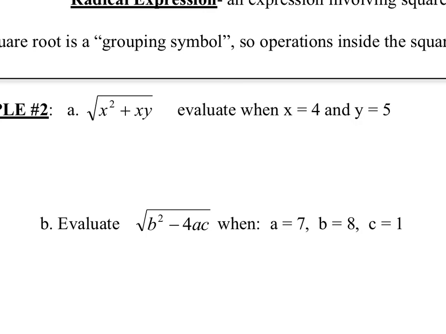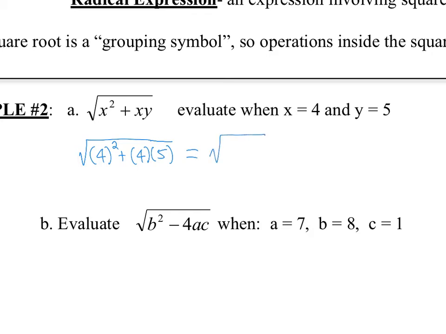All right, so we have the square root of x squared plus xy. Well, x equals 4, so wherever I see an x, I'm going to replace it with a 4. So we have plus, and then x is 4 still, and then y was 5. Now we got to simplify under the radical. Do we do 4 squared first or 4 times 5 first?